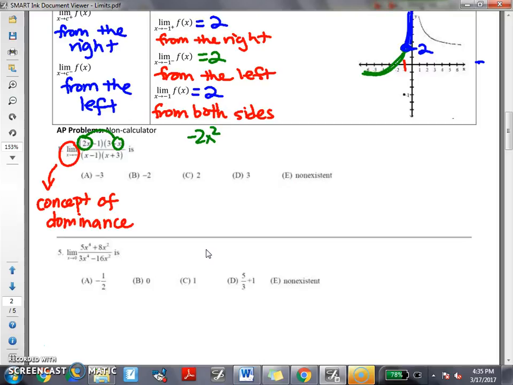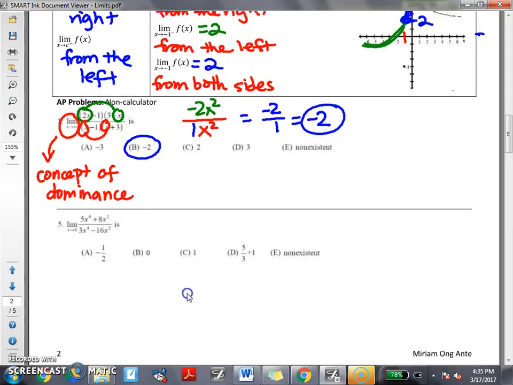Do the same for the denominator, x and x, multiply them, that becomes over x squared. Everything else doesn't matter because they're smaller than x squared. Remember, we're focusing on the largest term when it comes to the concept of dominance. Okay, so the exponents are the same, which means we take the leading coefficients and just divide them, which gives us -2. That's the limit.